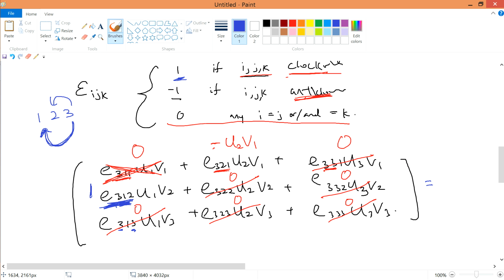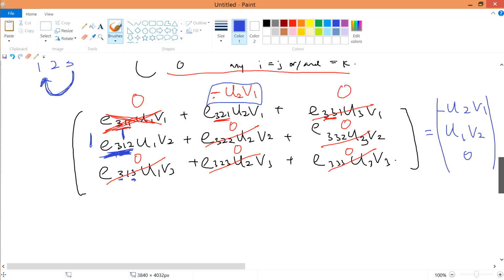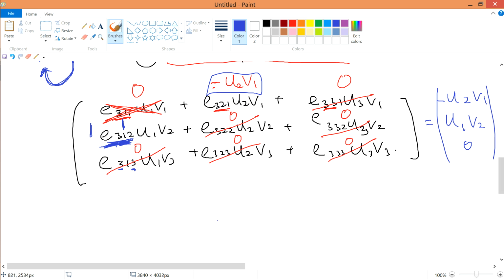So in this case, I have minus u2 v1 over here, and in this section E312 is a clockwise direction, so it's 1. So I'll simply write this as u1 v2, and then this is 0. If I write it in terms of a summation, I can simply write minus u2 v1 plus u1 v2.